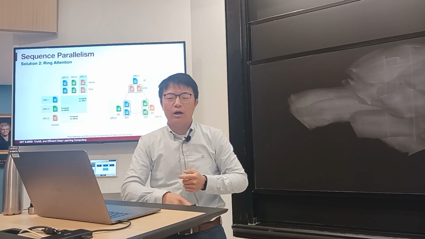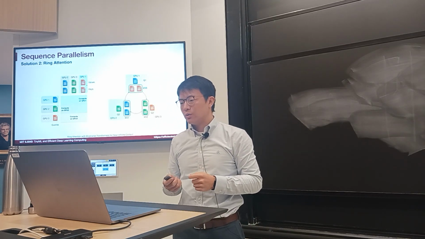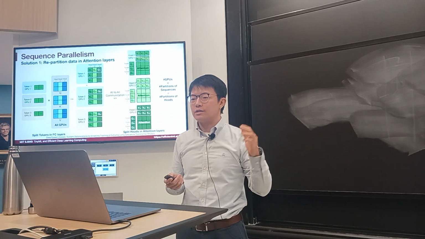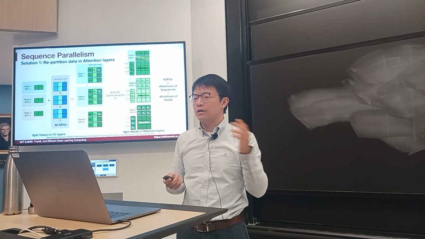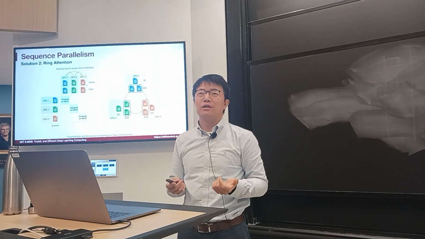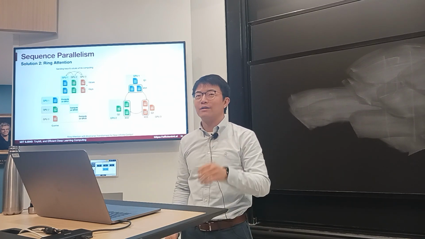So one interesting part is that recently we've been combining these two methods. One is the Ulysses method, partitioning in attention layers, versus this ring attention, into a 2D parallelism by combining them.